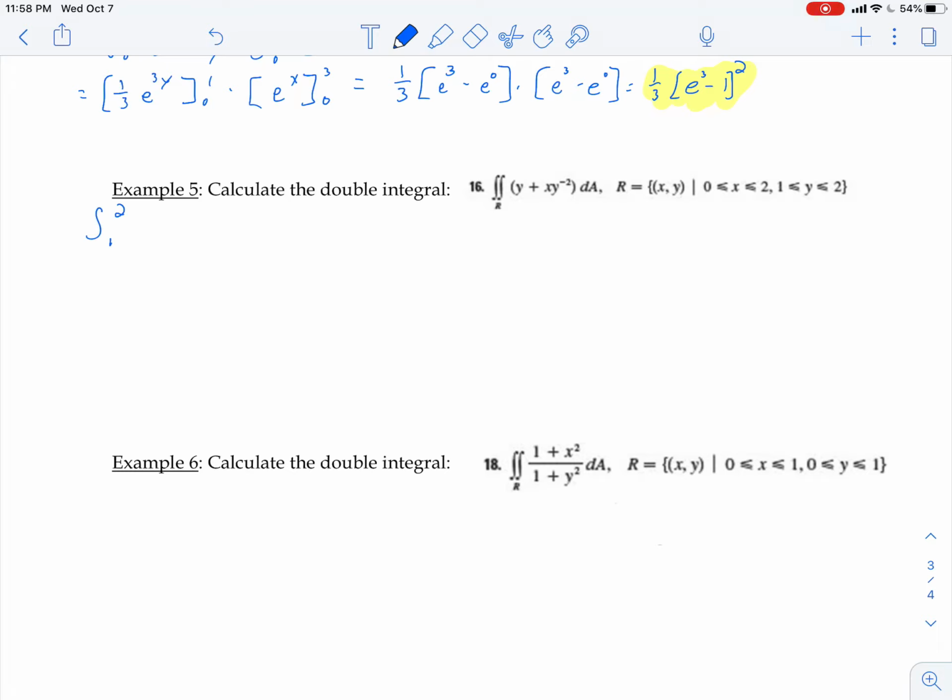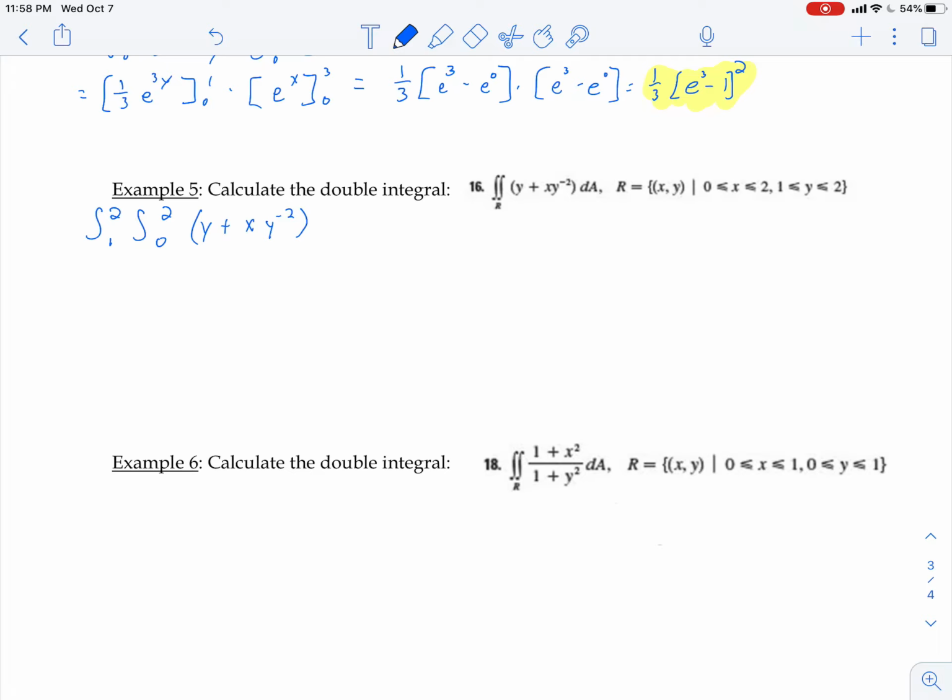So 1 to 2, and then the other integral for x is going to be 0 to 2. And then of our function, y plus xy to the negative 2.